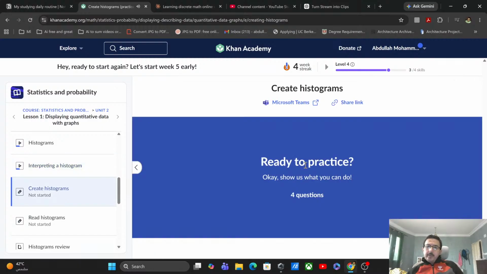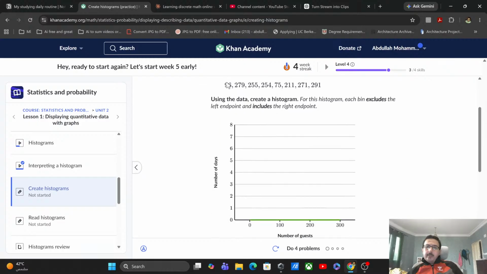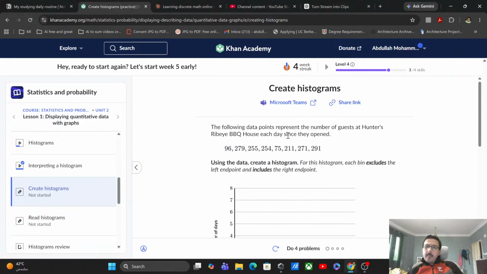Yeah, let's do this. I'm ready to practice. The following data points represent the number of guests at Hunter's Barbecue House each day since they opened.